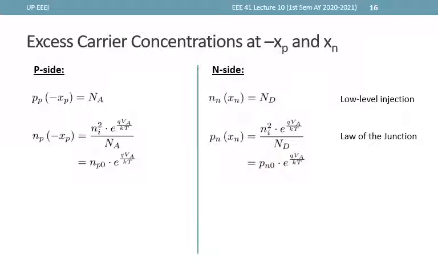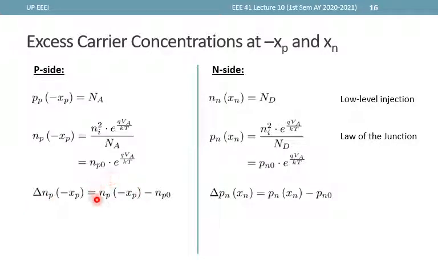Now note how this actually makes more sense. If we consider VA equal to 0, then we simply end up that np is equal to np0, since e raised to 0 is simply 1. Now we go back to the case where we apply some voltage, and we can simplify the expression using this format. The excess carrier concentration is the actual carrier concentration minus the equilibrium value.